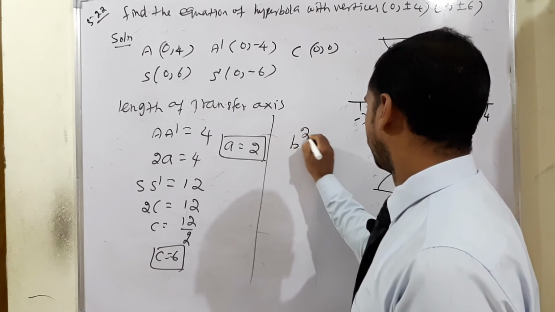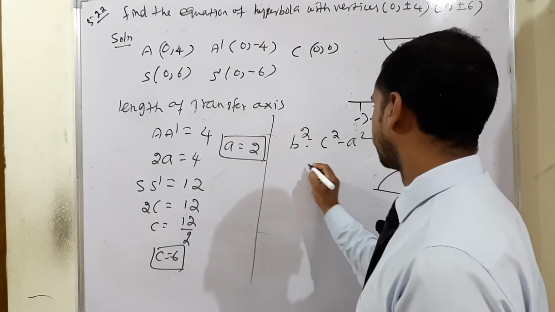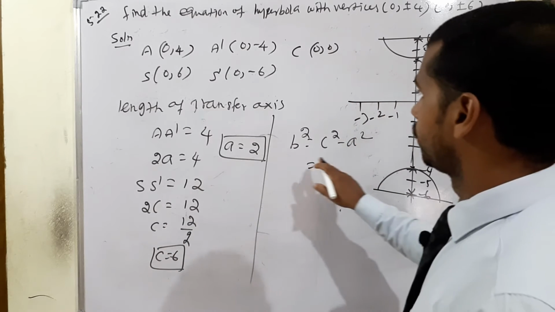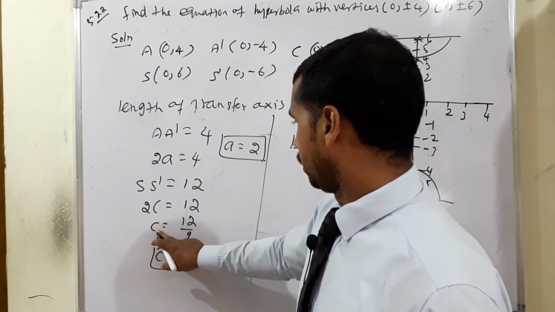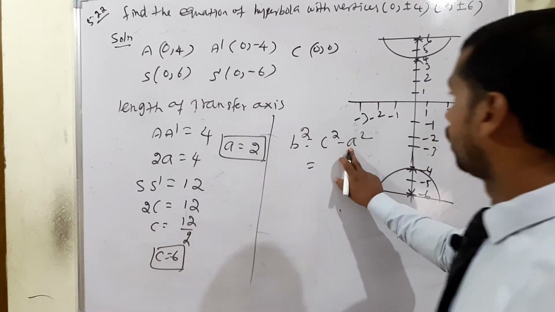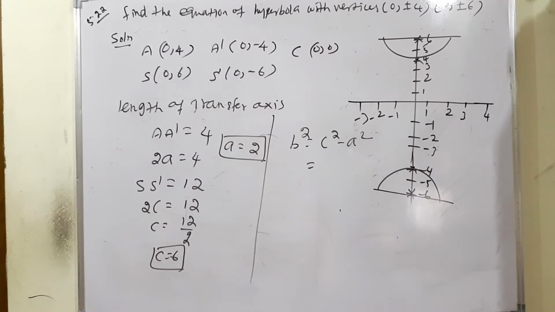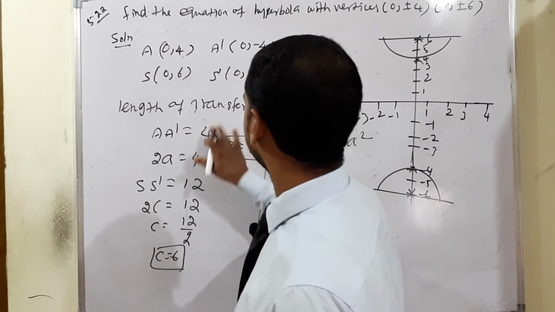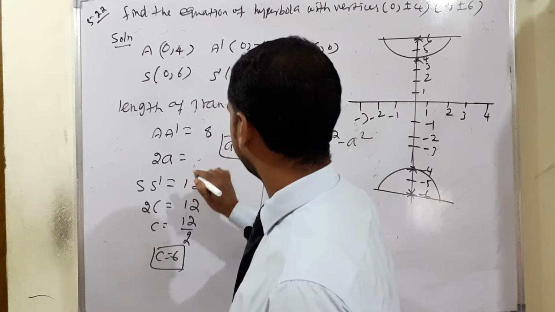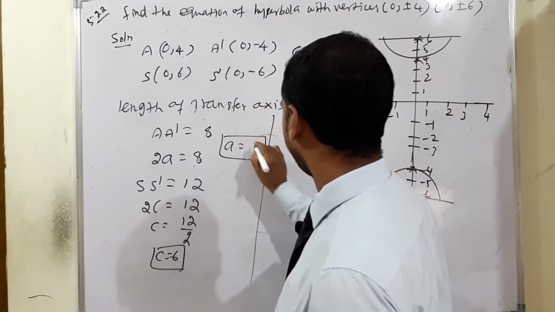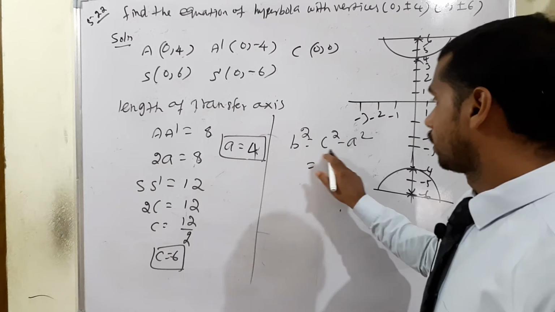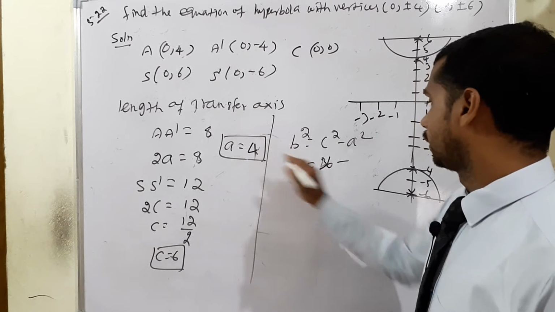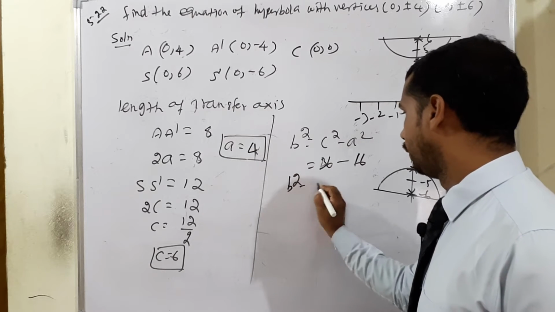Sorry, this is actually A dash, 4 plus 4 is equal to 8. 2a is equal to 8 means a value will be 4. Therefore b square is equal to c square minus a square, 36 minus 4 square, 16. Therefore b square value will be 20.